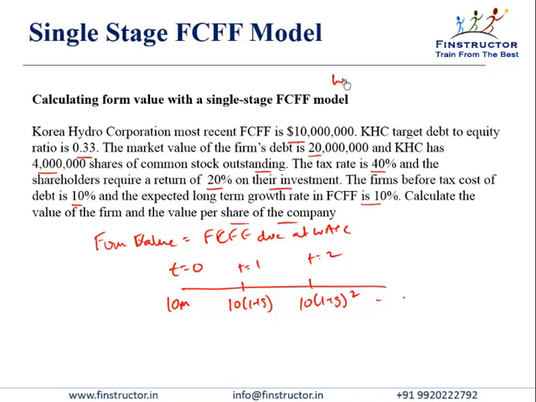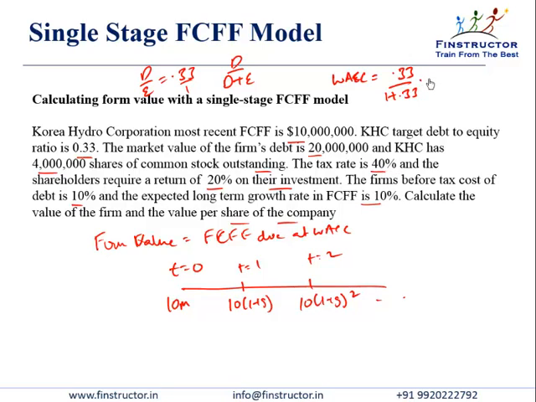So let's calculate the WACC. It will be the weight of debt. Please note, D by E is given to be 0.33. Weight of debt is D by total assets, or D by D plus E. So let's assume this was 0.33x, this was 1x. So weight of debt would be 0.33 upon 1 plus 0.33, into the cost of debt, that is 10%, into 1 minus the tax rate, that is 40%.